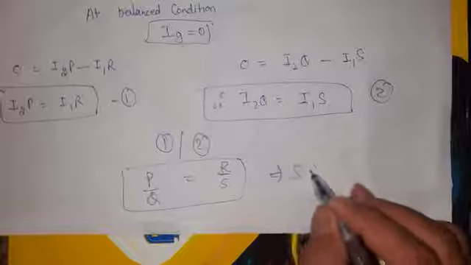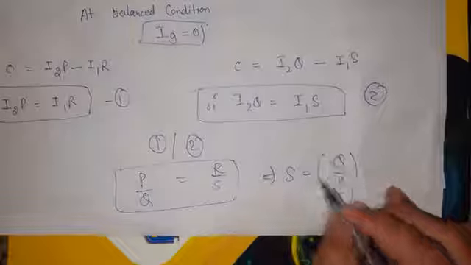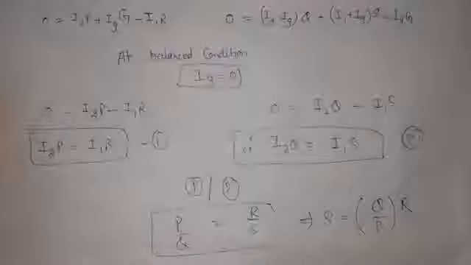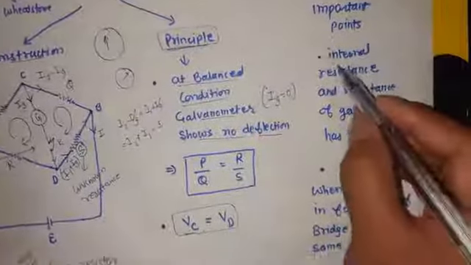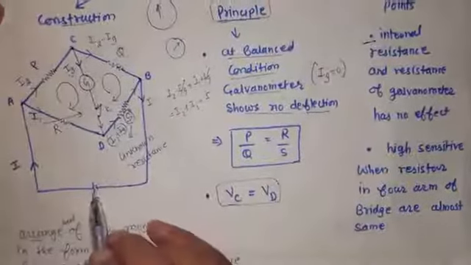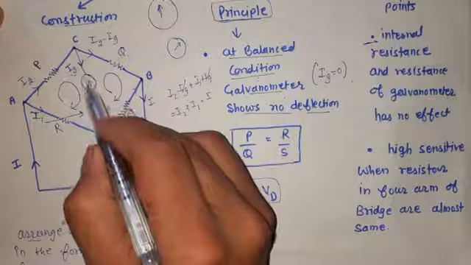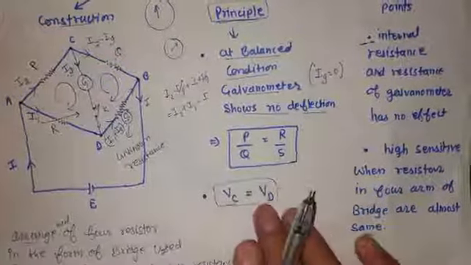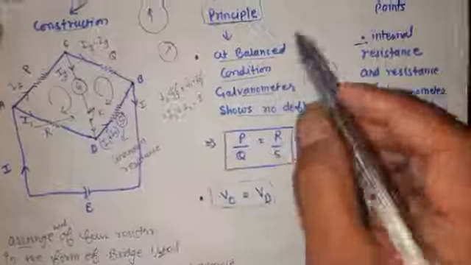So this unknown resistance can be determined from here. It is Q by P into R. Okay, so this is the unknown resistance. So let us learn a few important points regarding this. First, the internal resistance of the cell or the resistance of the galvanometer will not affect the balance condition of the galvanometer.